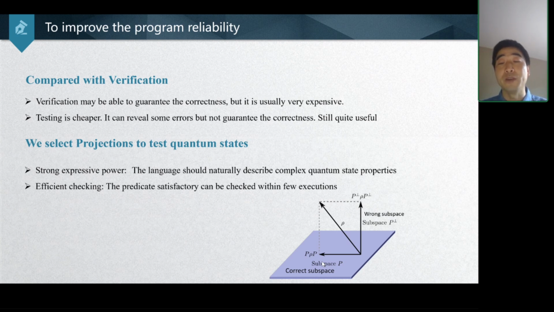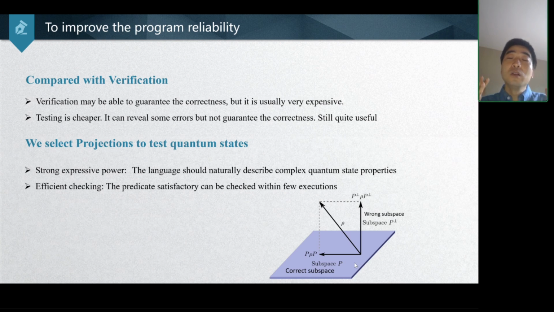And the state collapses to P rho P. Also, there's a possibility it will collapse to a wrong subspace, the orthogonal complement of P, and the state will collapse accordingly, as our incorrect logic denoted. What's the good news is that if your state is very far from lying in the subspace P, my measurement will, with very high probability, get you to find a mistake. Otherwise, you will go to the correct subspace.